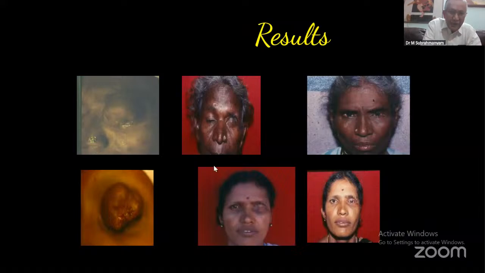So this is the patient with the entire lid tumor after stage 1, and after stage 2, when both the lids are separated, 8 weeks down the road. And that patient with a Merkel cell carcinoma involving the entire upper lid, after stage 1 and after stage 2.